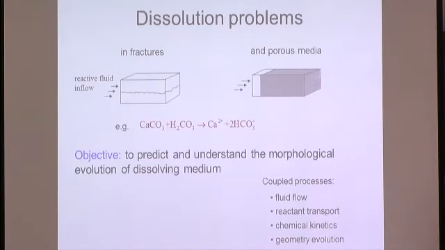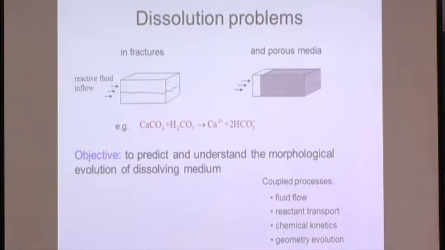And the sort of questions which one may ask here is how would the morphology, the geometry of the system evolve over time, and what kind of patterns or structures are expected to be formed here with time.